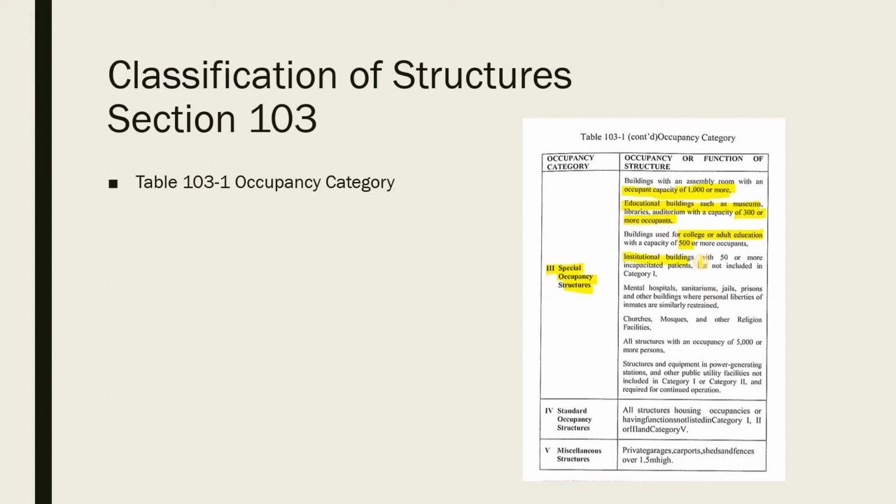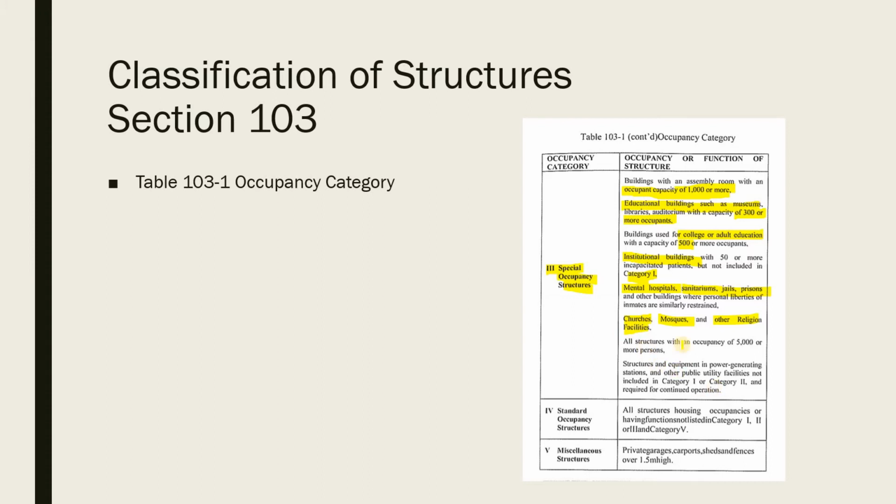Institutional buildings, okay, with 50 or more, okay, but not included in our category 1. Mental hospitals, sanitariums, jails, prisons, and other buildings with personal liberties of inmates are similarly restrained. Next, we also have churches, mosques, and other religion facilities.